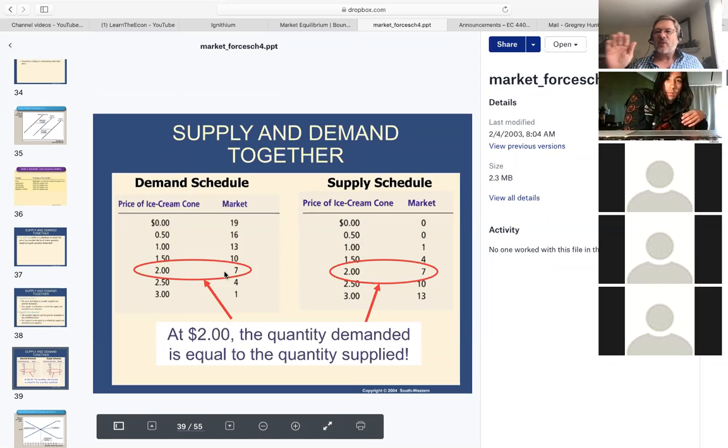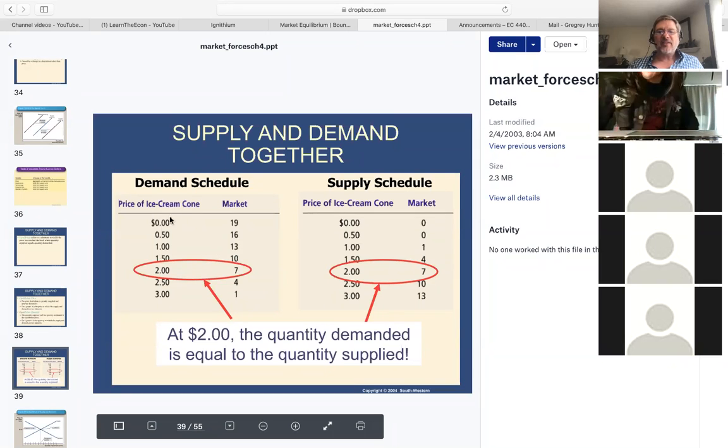Remember, those are the points that we're plotting on our demand and supply curves. So if we were looking at the demand and supply schedules, we'd be able to see that none of the rows match up with one another, in terms of both the price and the quantity being the same, except for one.